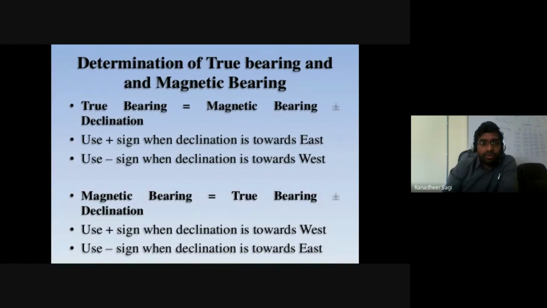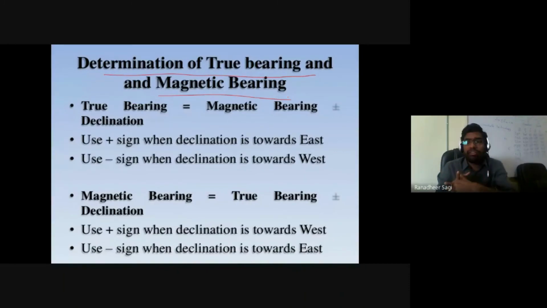If you are required to determine the true bearing and the magnetic bearing values when the declination is given, let's say true bearing is to be calculated from the known magnetic bearing and magnetic declination data, or magnetic bearing is to be calculated when true bearing and magnetic declination data are given.